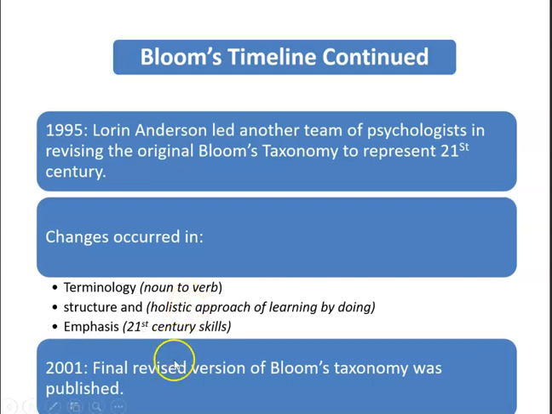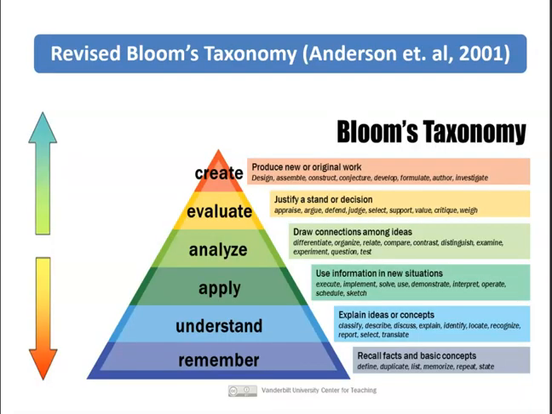They started by changing the terminology from nouns to verbs, and the structure so that it is more holistic, more learner-centered and more constructive in nature. The emphasis was on 21st century skills. Then in 2001, they published the final version of Bloom's taxonomy.